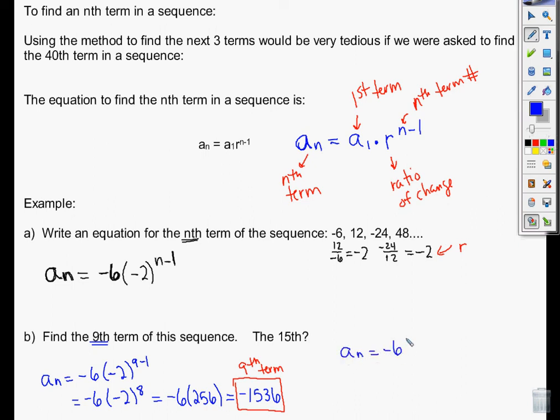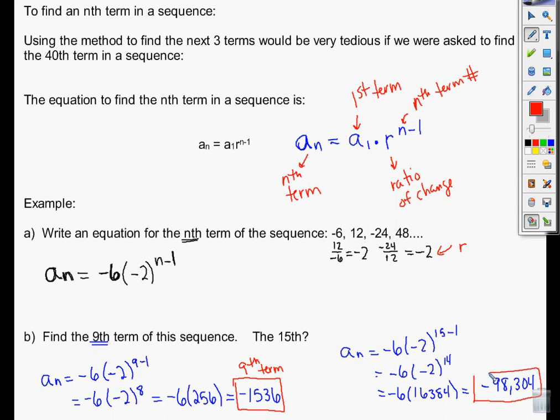We can do the same thing for the 15th. Again, because that's an even exponent, I know that my number is going to be positive. And if I multiply that by -6, I get negative 98,304.